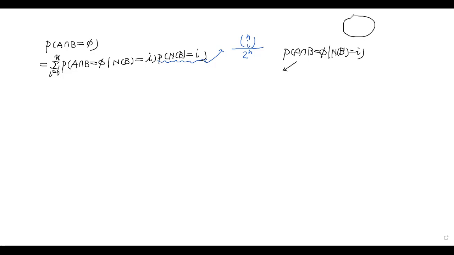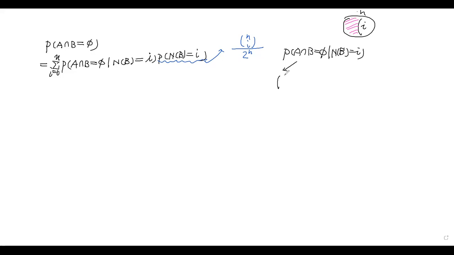Here the total is n elements. So when B has i elements, in order for the intersection to be the empty set, A has to be over here, so that they intersect in the empty set.